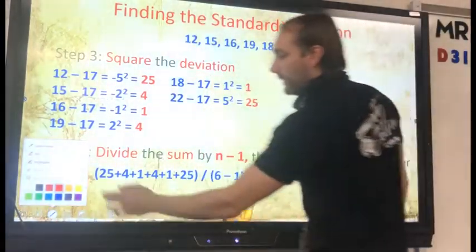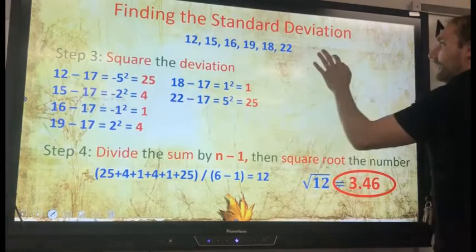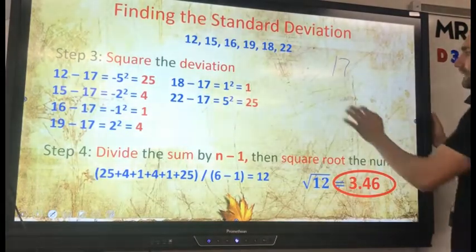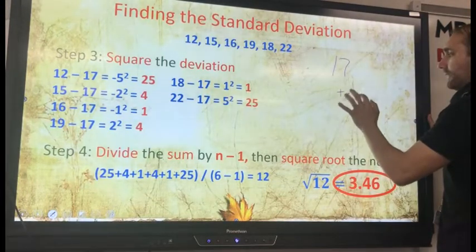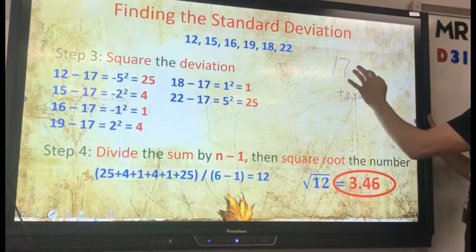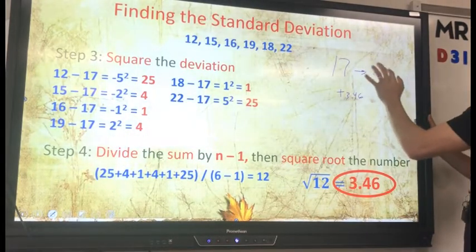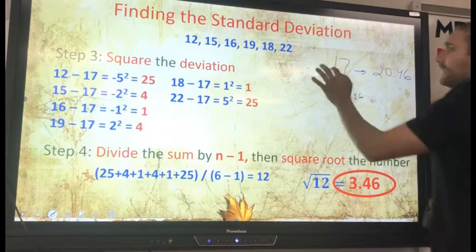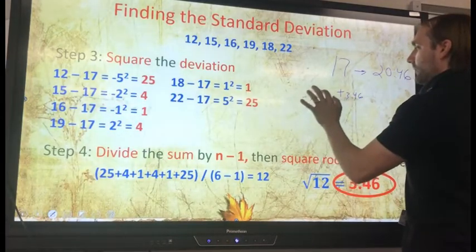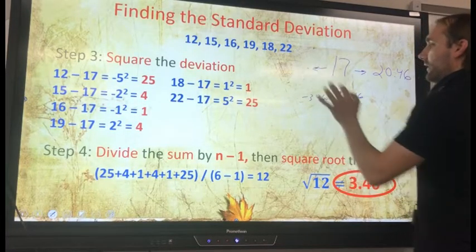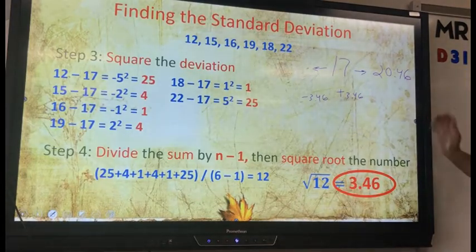So we said the mean was 17, correct? So let me add 3.46. That gives me 20.46. Let me subtract 3.46. That gives me, what would that be?